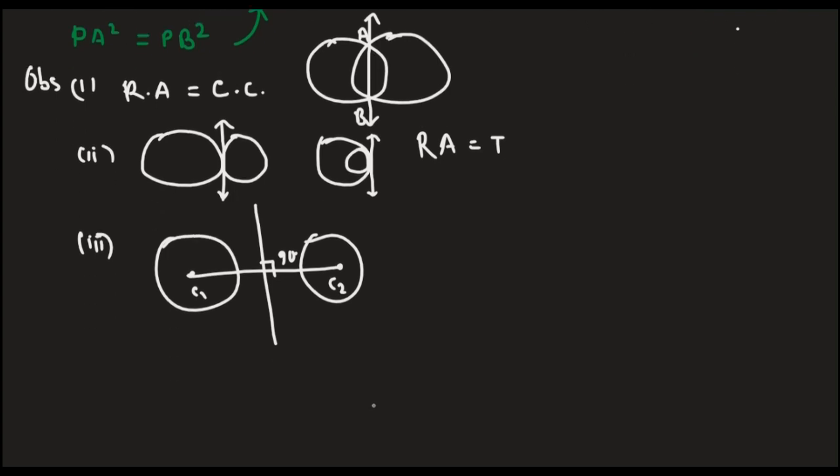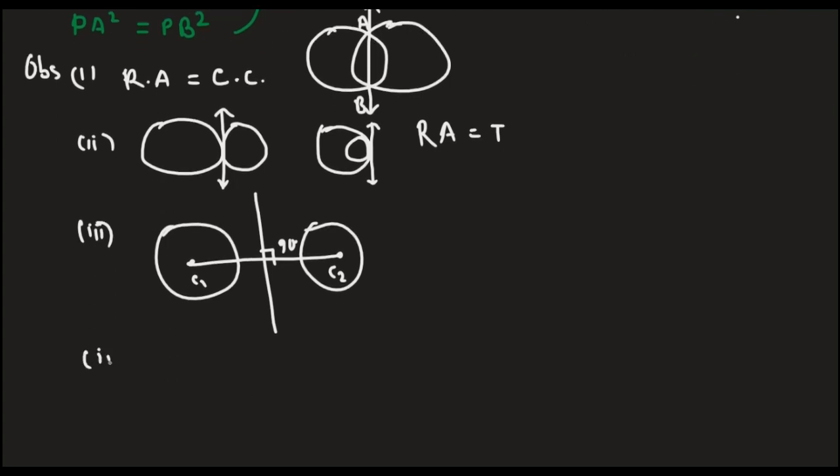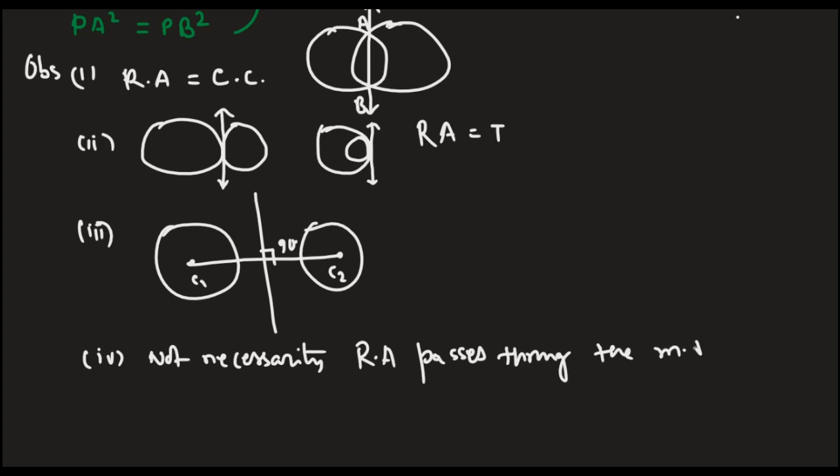Now the next point is that it is not necessarily true that the radical axis passes through the midpoint of the line segment joining the centers C1 C2.